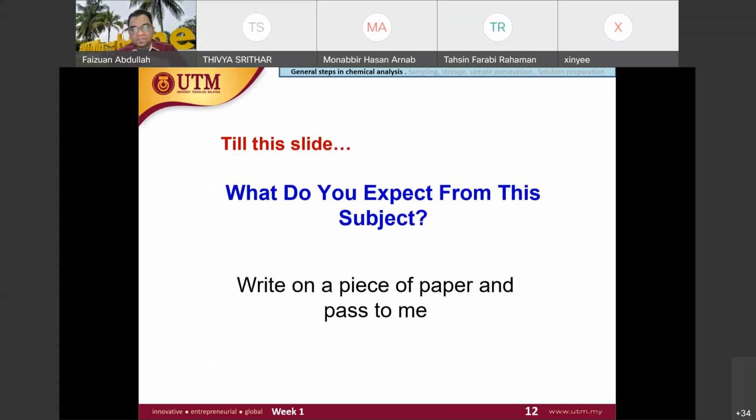All right, up to this slide, what do you expect from this subject, this course, right? You don't need to write on a piece of paper. Just tell me what you expect from this course. I want to hear from our adik-adik from the first year. Who's from the first year?